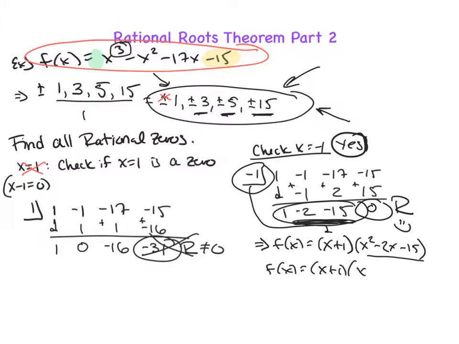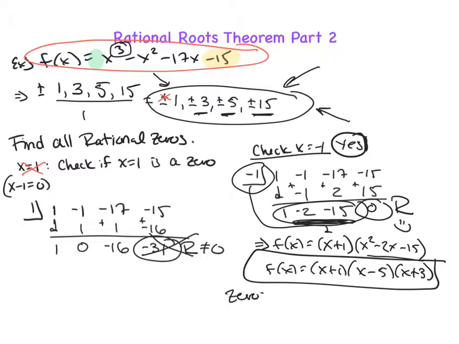Factors to, let's see, 3 and 5, so x minus 5 and x plus 3. So there's a fully factored version of f of x, and its zeros, or its roots, or its x-intercepts, whatever you want to call them, are -1, +5, and -3.